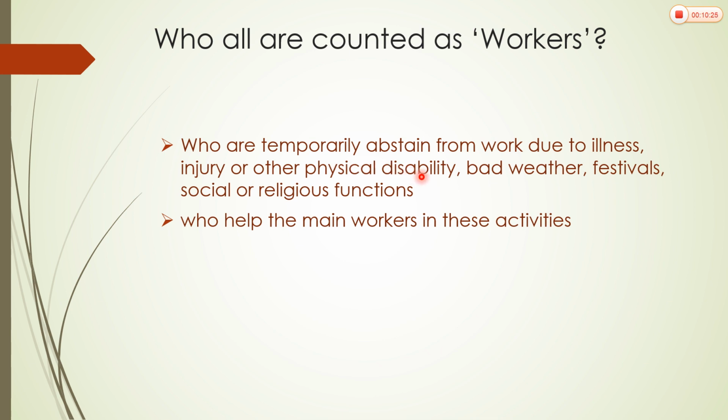So you have a temporary break from your work, maybe due to bad weather in your area, you are not able to join the office. Festivals, you have taken some festive break in your family, this particular festival is celebrated, so you have taken a break for that. So you are temporarily absent from work, but you are still counted as a worker.